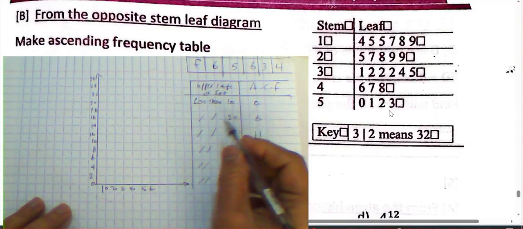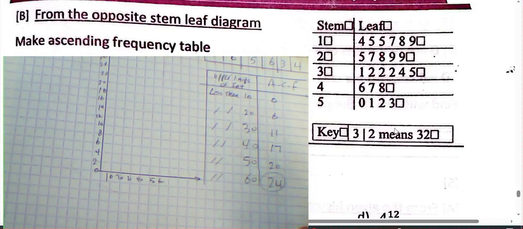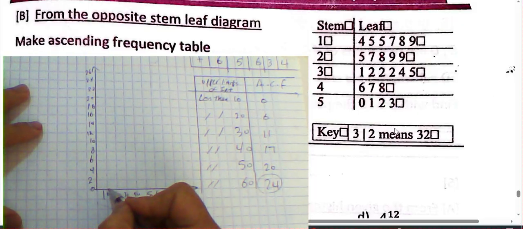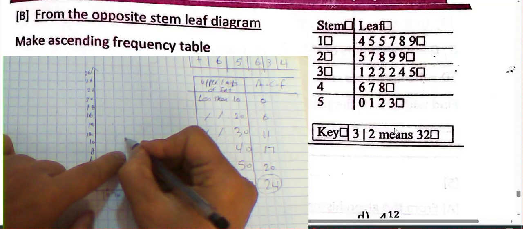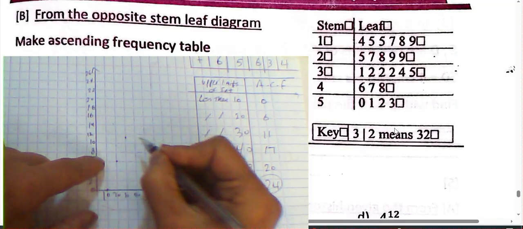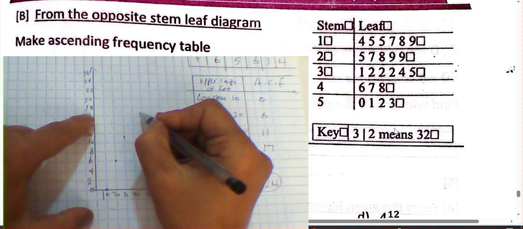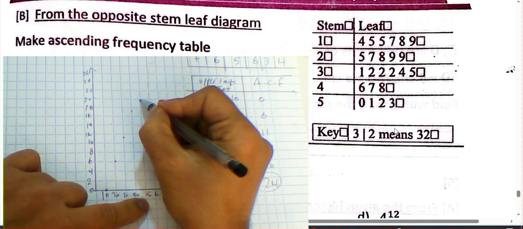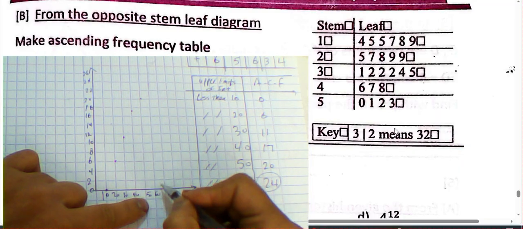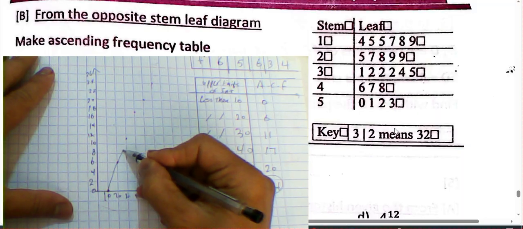The first 10 with 0. Look at here, 10 with 0, and 20 to 6, and the next 11 lies between 10 and 12, 11 here, and next 17 lies between 16 and 18, 17 here, and 20, and then 24, and then there is a curve like this.